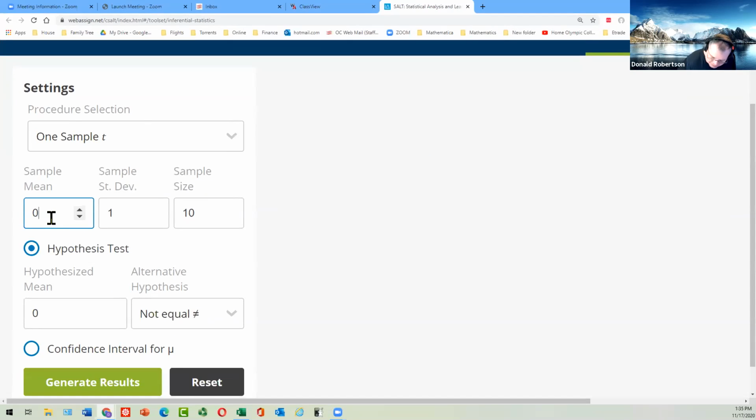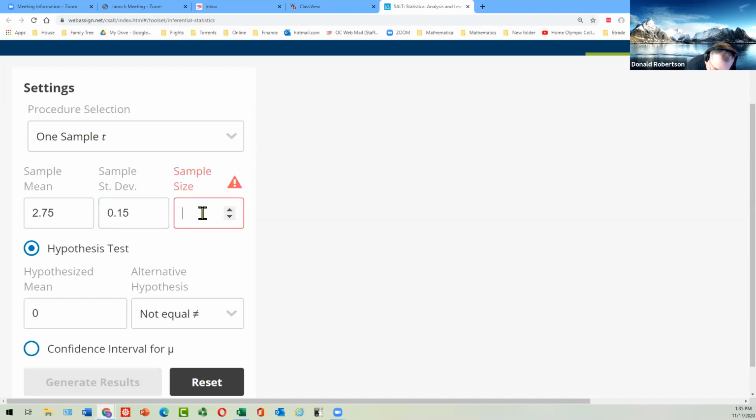The sample mean was $2.75. The standard deviation ended up being 0.15. The number of places I looked was 20.